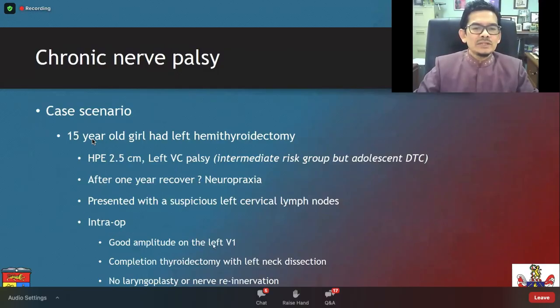And intraoperatively, we found a very good amplitude on the left side, the previously palsy side. So we proceeded with completion thyroidectomy with left neck dissection. We didn't do any laryngoplasty because the voice had recovered, and we didn't do nerve reinnervation as the signal was positive on the left.